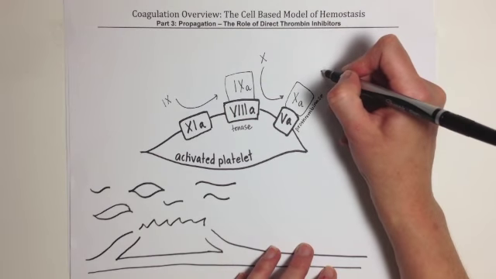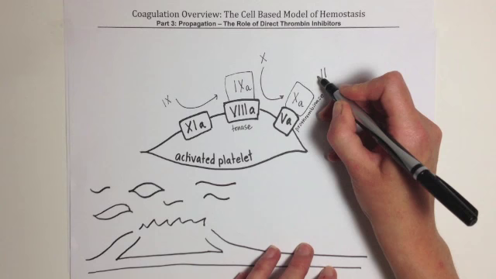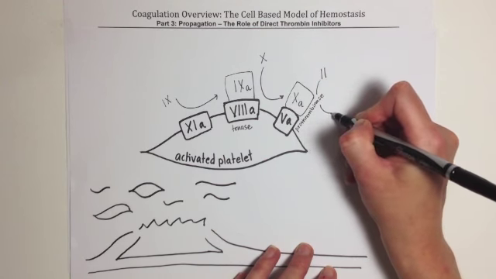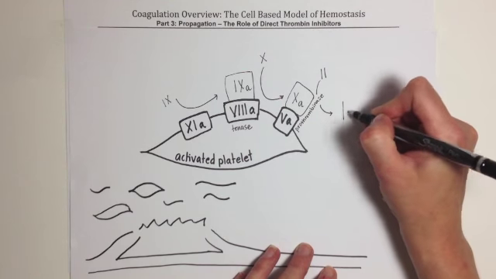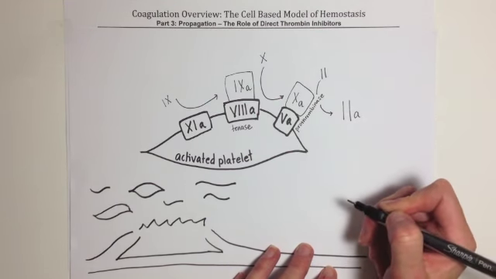Prothrombinase is a highly effective enzyme complex, especially when it's stabilized on the platelet surface, taking factor 2 and producing large amounts of factor 2A, otherwise known as thrombin.